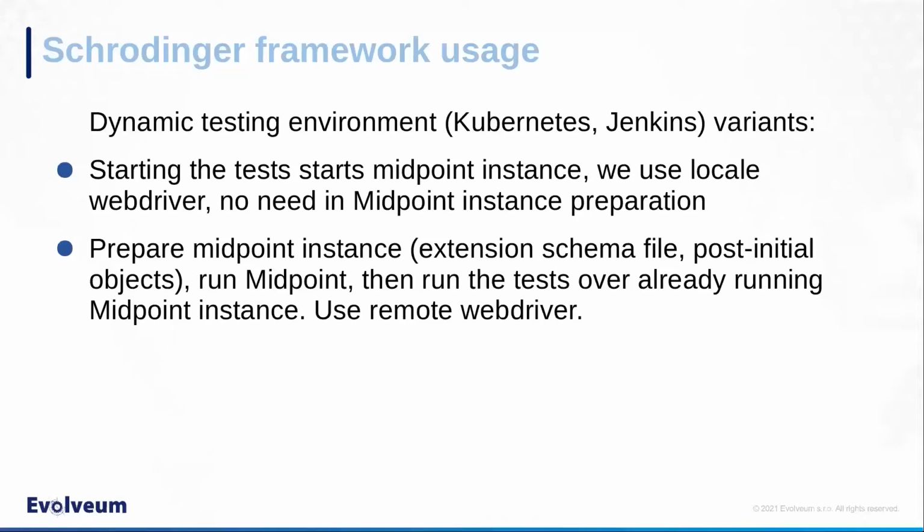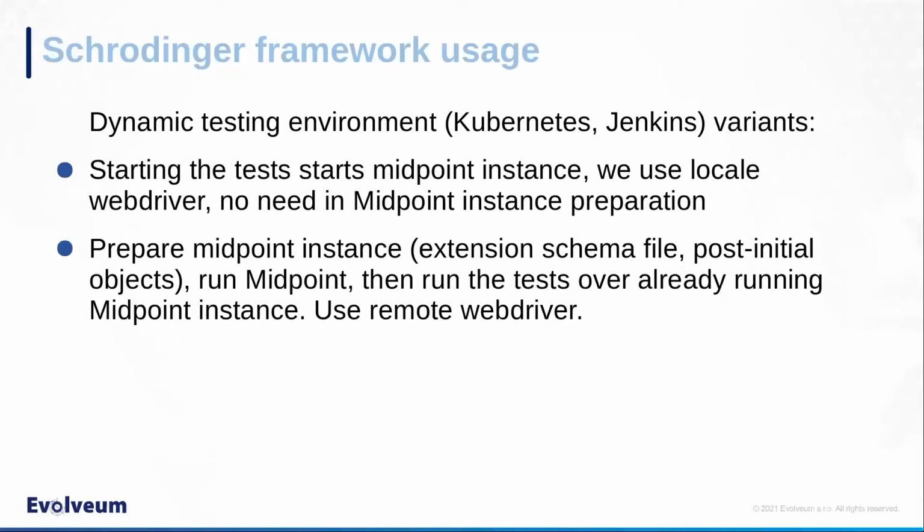So with the help of Kubernetes technology, we create different MidPoint instance containers with a different set of objects and with different configuration at the start point. And with the help of Jenkins, we run the jobs over these MidPoint instances.